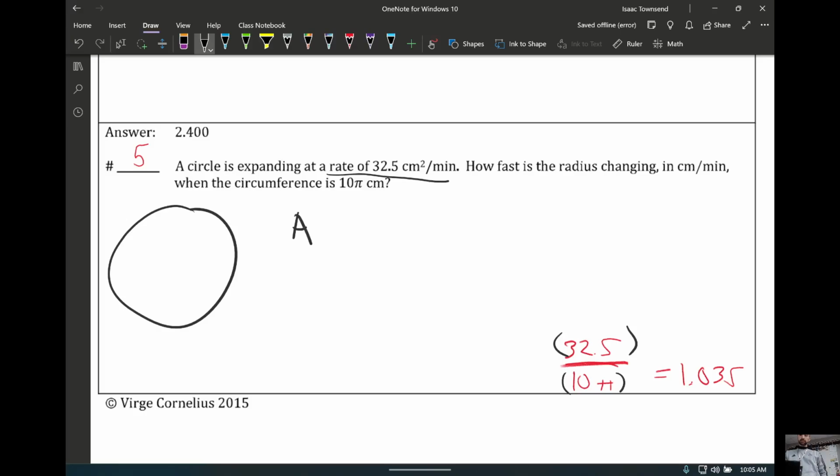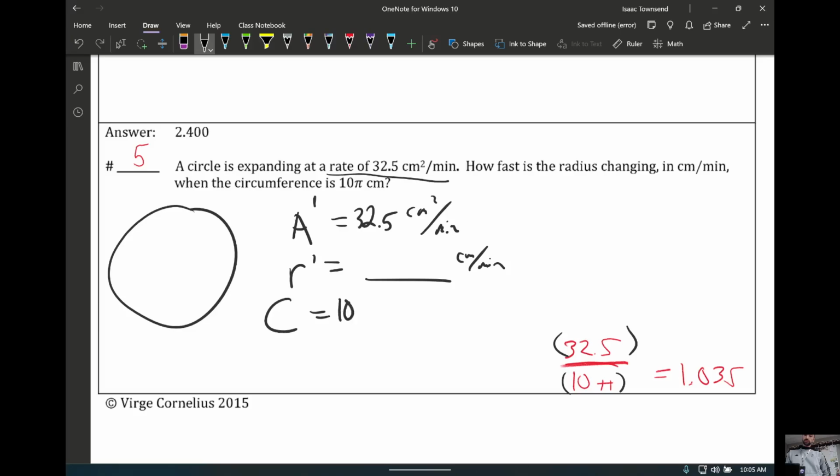Area has squared units. And since this is units squared per time, I know that's the rate of the area. Okay, how fast is the radius changing? So r prime is what you're trying to solve for, in centimeters per minute, if the circumference of the circle is 10 pi.